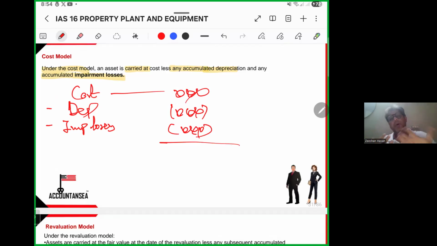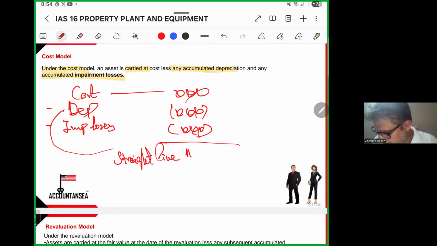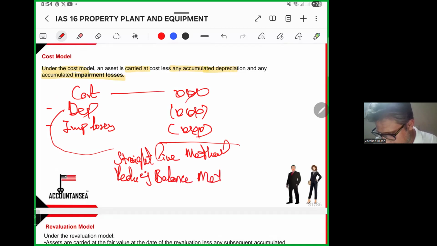I hope you all know about the depreciation methods, that is the straight line method and the reducing balance method. But don't worry, we will revise them in the same lecture.